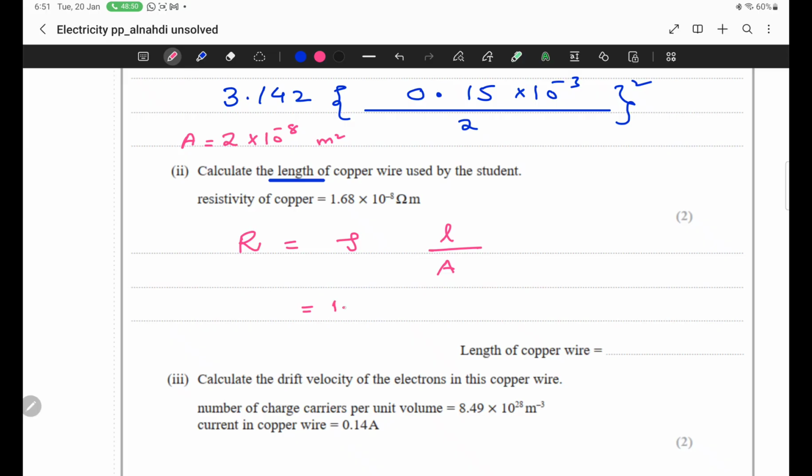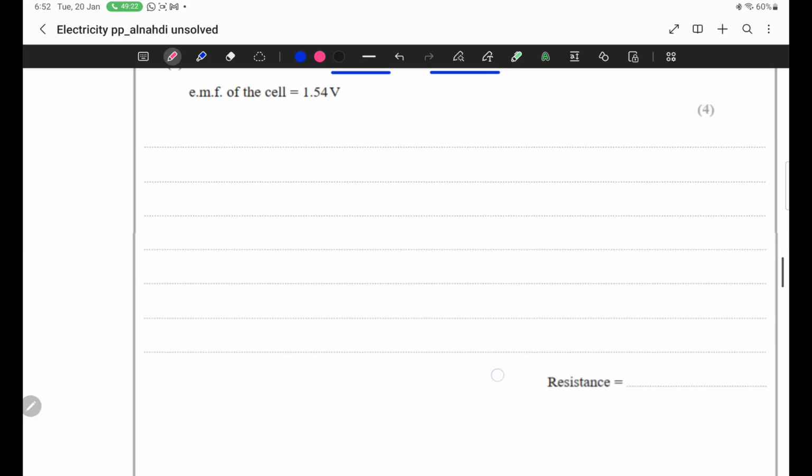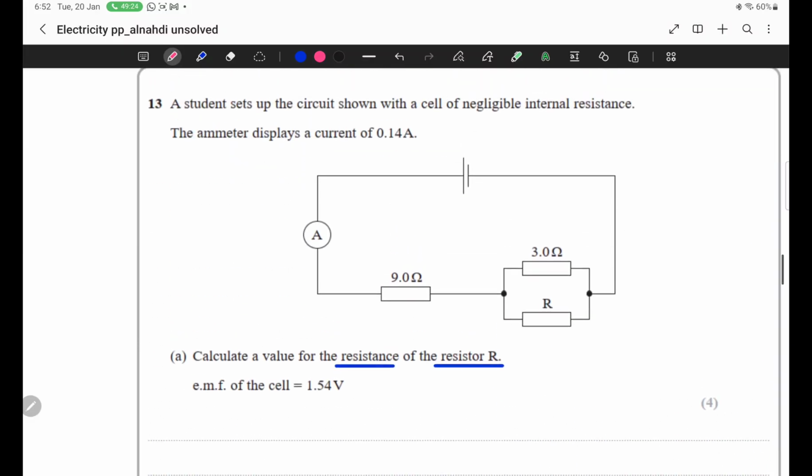Resistivity is given as 1.68 exponent minus 8, area we calculated as 2 exponent minus 8. If we knew R, we could calculate length. But we cannot solve this because I don't know what R is.